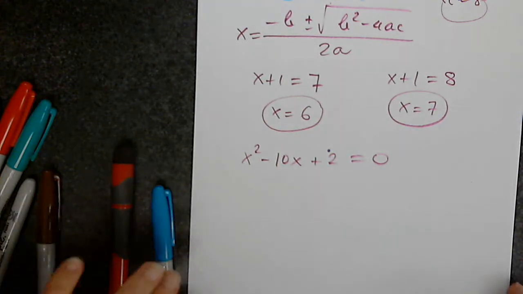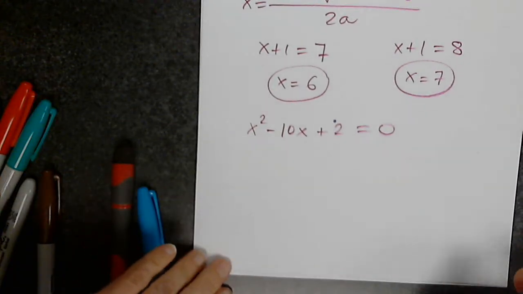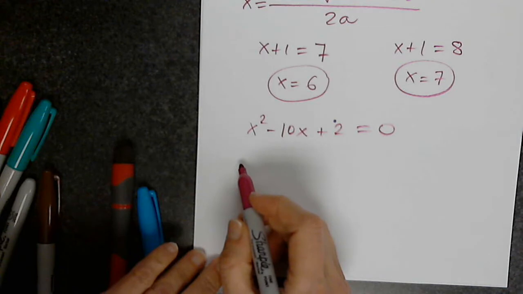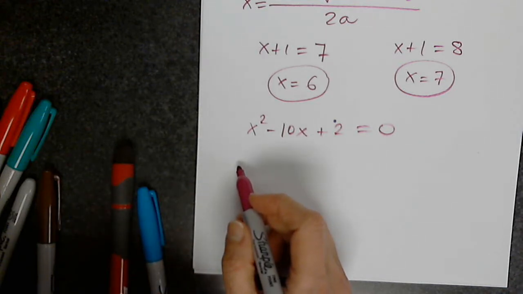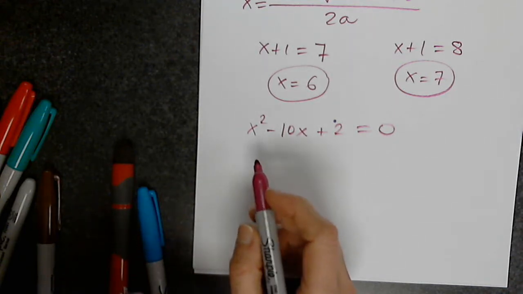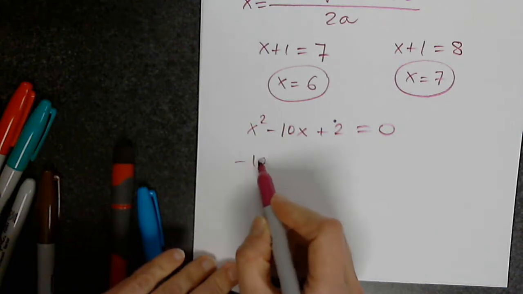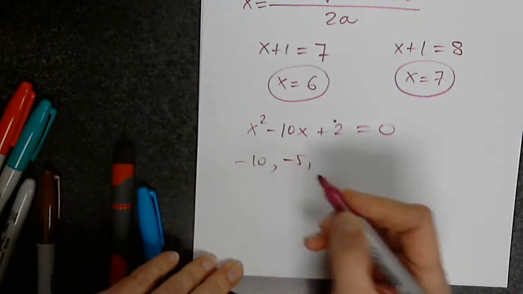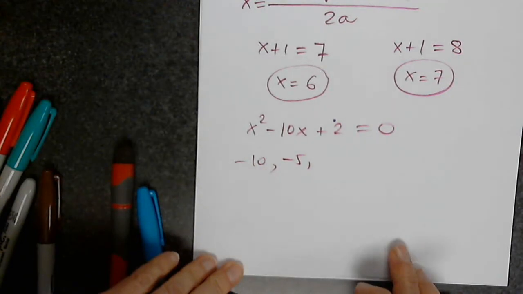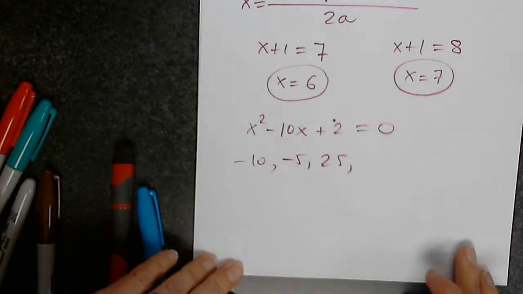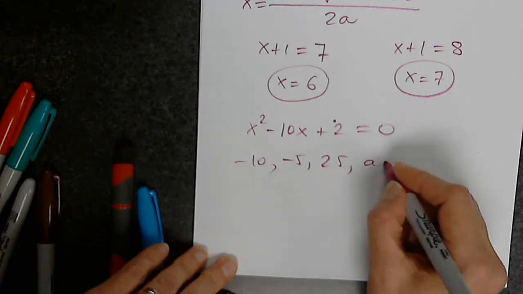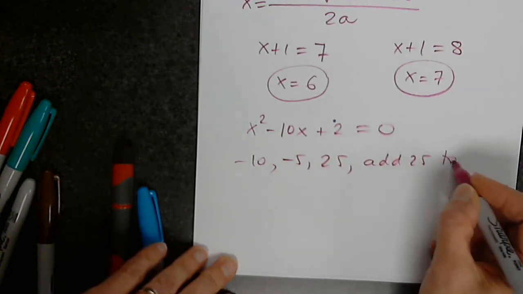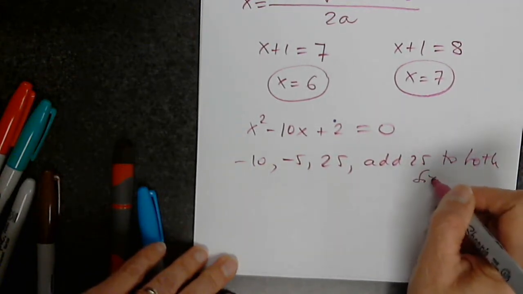Let's refresh our memory on the method. So what is the first step? Identify the middle coefficient. Then add 25 to both sides.